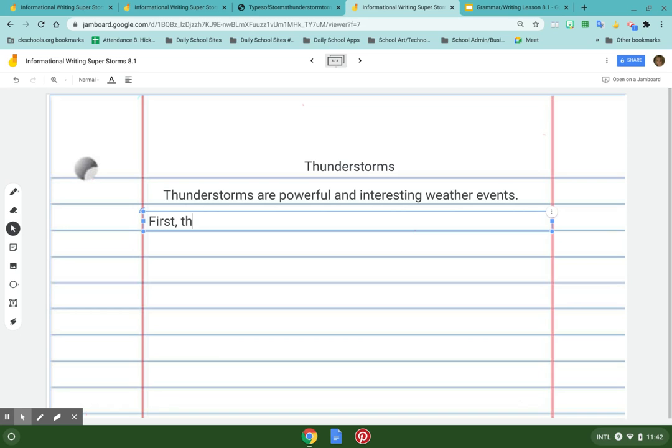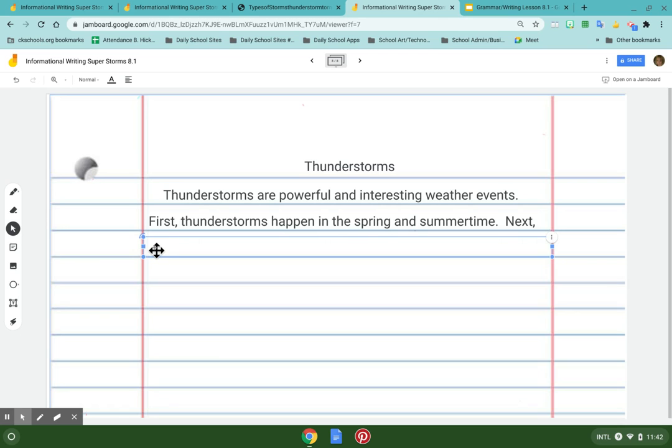First, thunderstorms happen in the spring and summertime. Remember, I go back to my mind map and use it, but I have my mind map in front of me, or I would be looking at my mind map right now. And then my next word would be next, comma, don't have room, going to go to my next line.